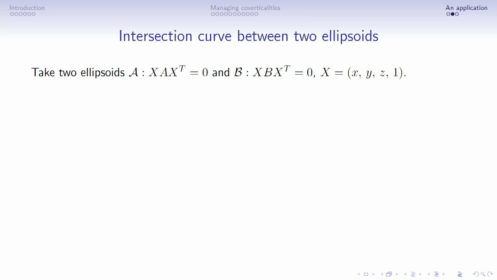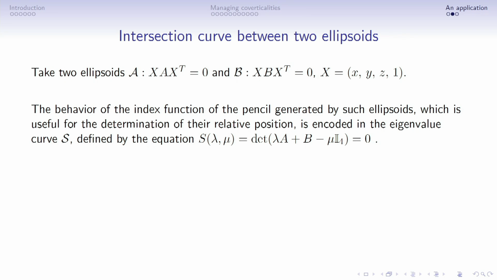So let me motivate why I am trying to avoid this condition of general position. All right, so if we consider two ellipsoids given by two matrices in the three-dimensional space, the behavior of the index function of the pencil generated by such ellipsoids is useful for the determination of the relative positions of those ellipsoids.